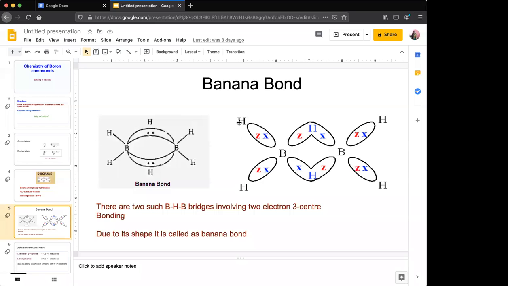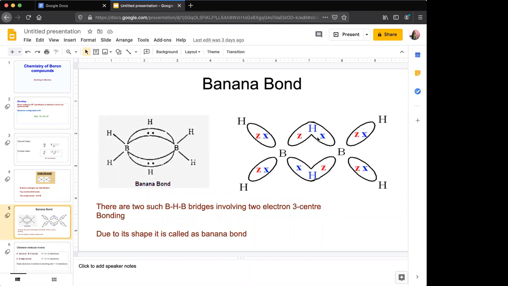So there are 4 BH terminal bonds, right? This is one bond, this is second, third, and this one is fourth. Now coming to the bridge bonds. There is a hydrogen atom which donates 1 electron, and this boron has donated this X, 1 electron, right?